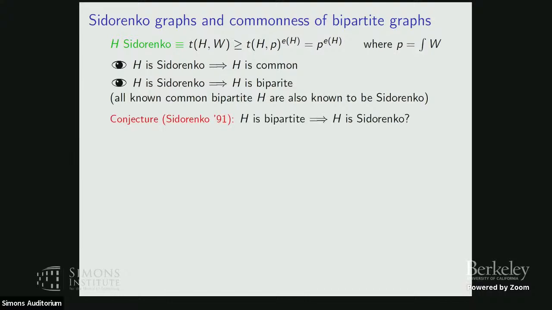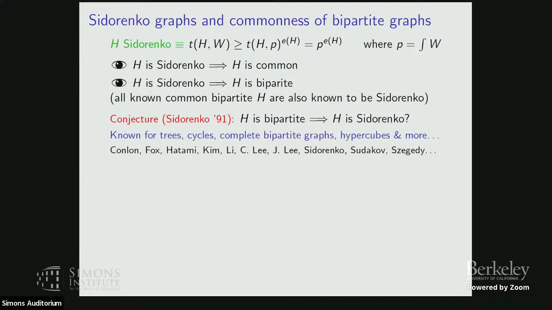And a famous conjecture of Sidorenko is whether this implication can actually be reversed. Let me use the pointer for the online people. So what is known on Sidorenko's conjecture?